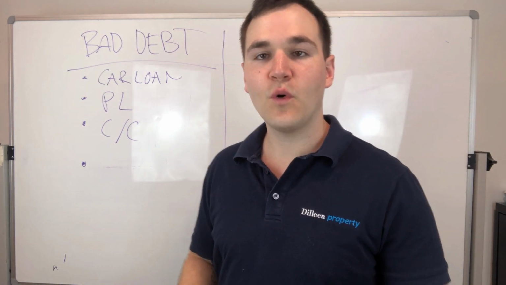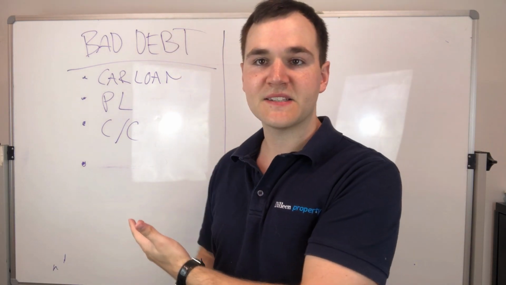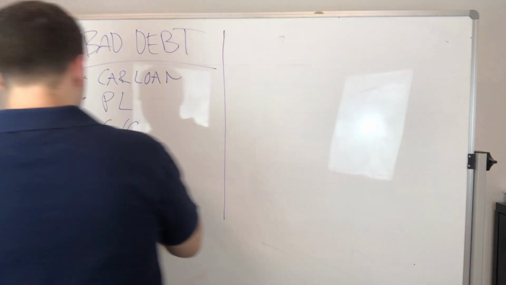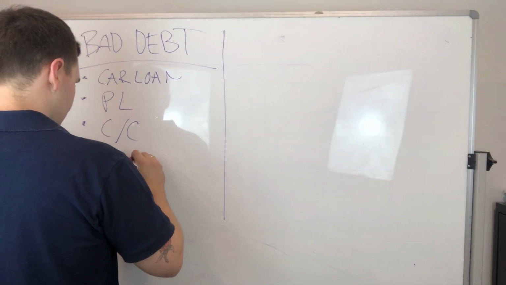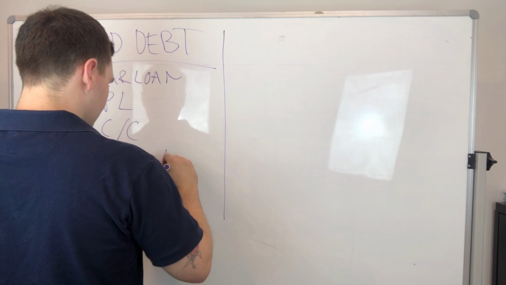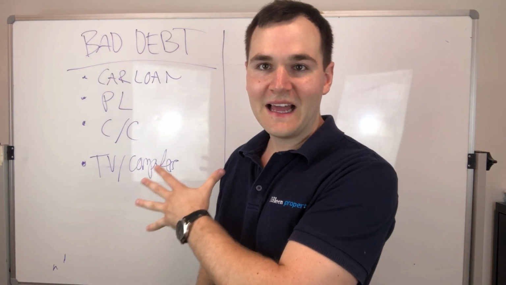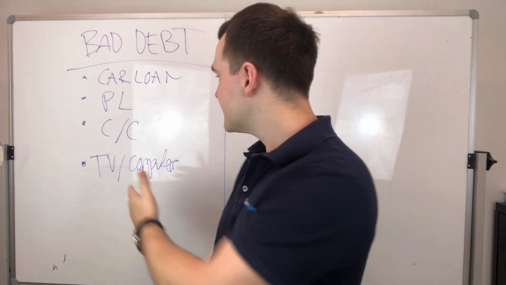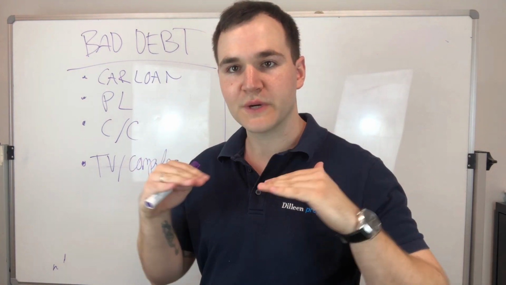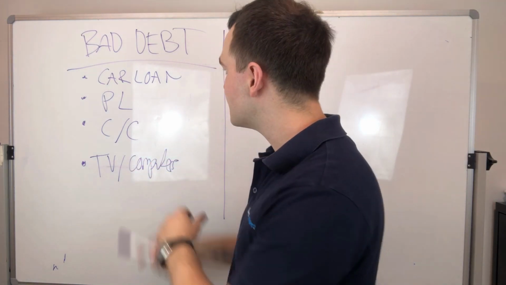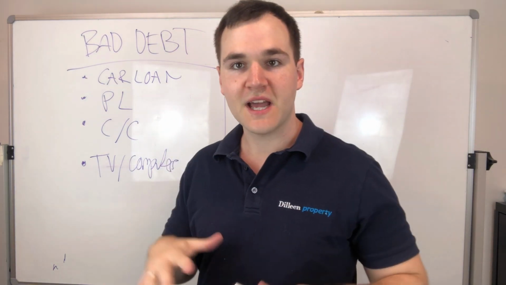All that kind of stuff is bad debt. So we'll put on this one TV, computers and clothes and all that kind of stuff. I absolutely would hate going into debt for this kind of stuff because all this stuff is depreciating. These are depreciating things that are going to go down in value.